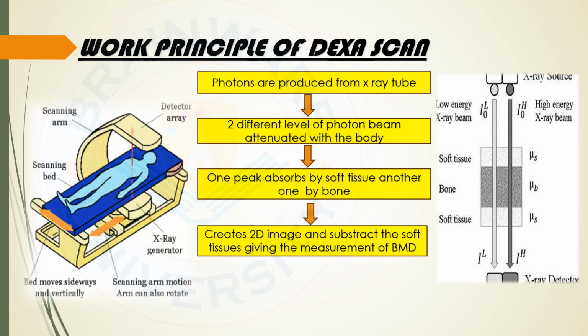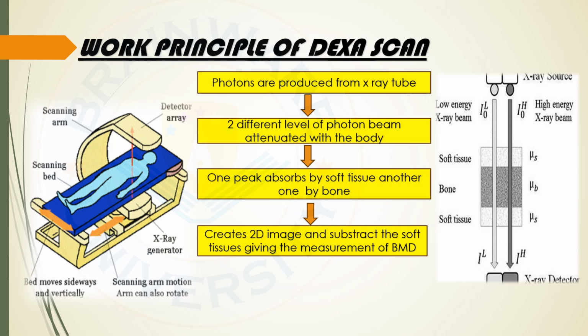And here you can see this is the detector array, this is the scanning arm, this is the bed where the patient is lying, and this is the X-ray source. And these beds can move sideways and horizontally. This scanning arm also can rotate through the horizontal axis.